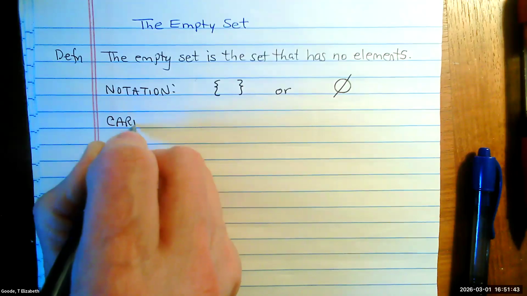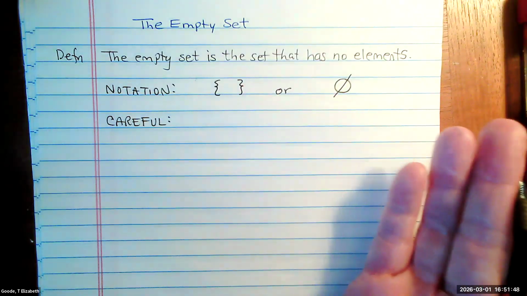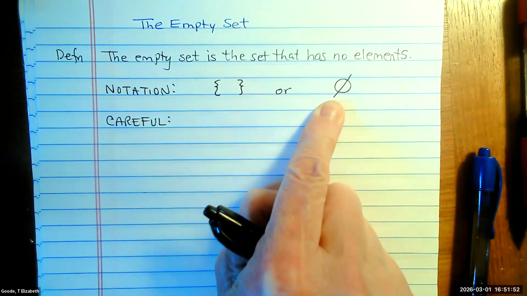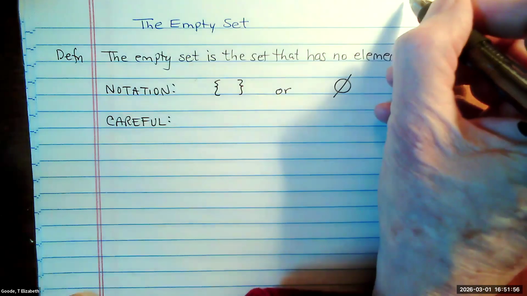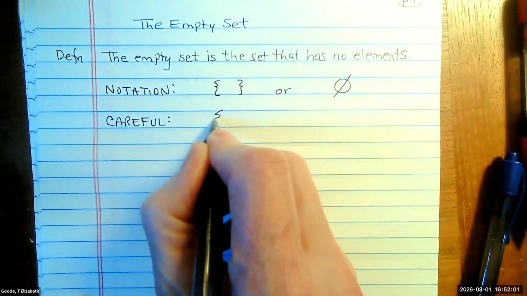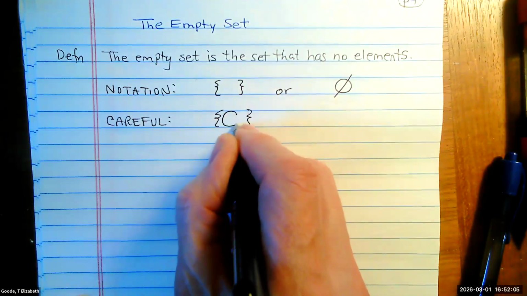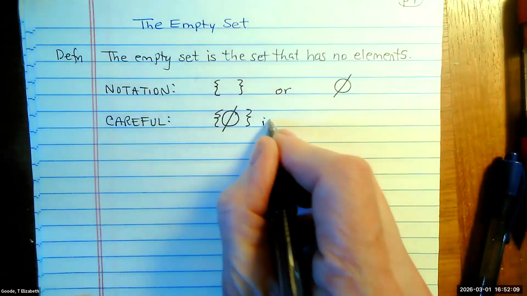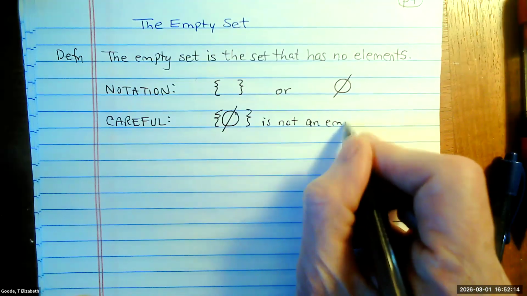So one of the things we have to be careful about is this idea: hey, if this is good and this is good, maybe using them both is even better. But that's not the way it works when it's the empty set. When we put set brackets and then we put the empty set inside, this is not an empty set.